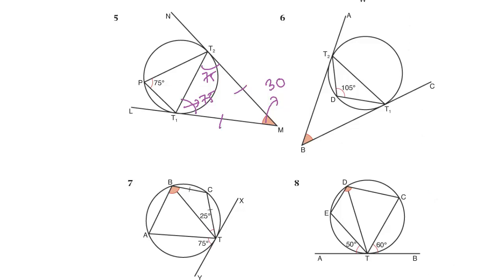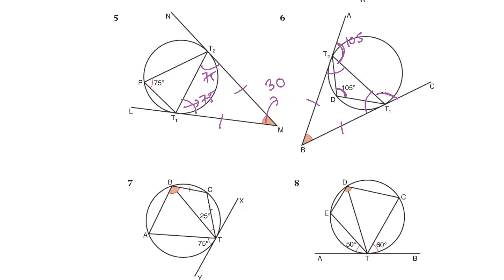The next that we have here is again the same thing. So we have this and this equal because tangents from the same point are equal, and the base angles should also be equal. This angle and this angle are the base angles. Now we know that this tangent and this chord make this angle, and this is 105. So by the alternate segment theorem, this is also 105.